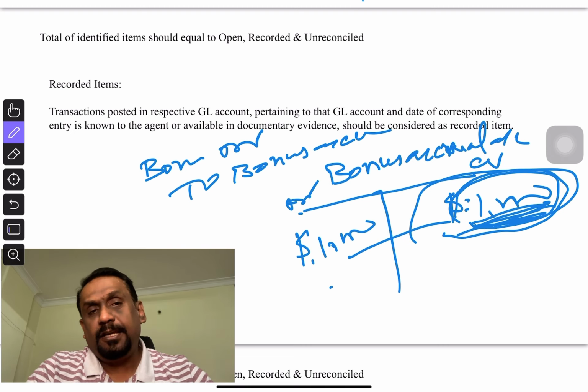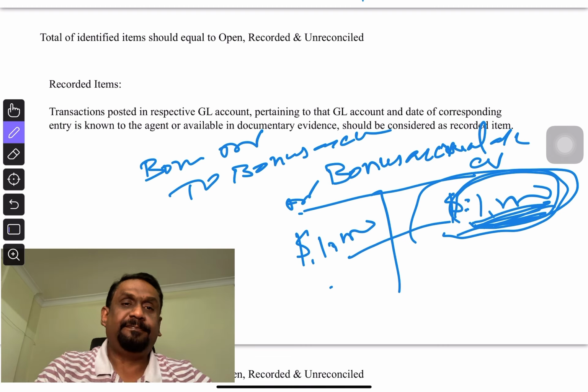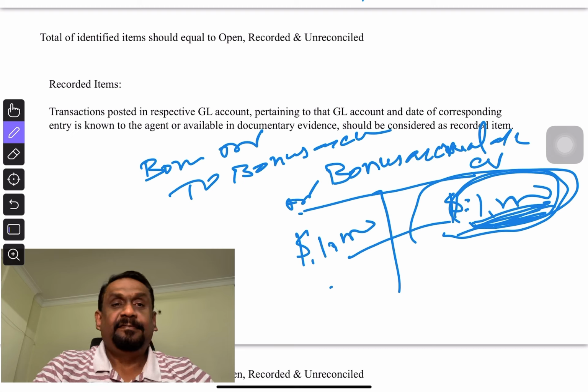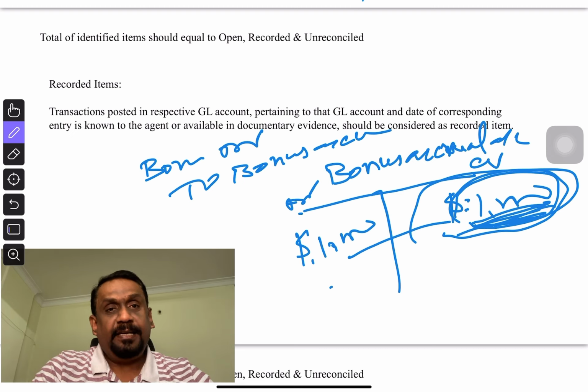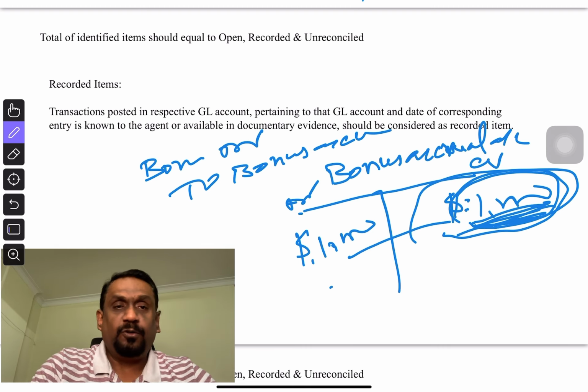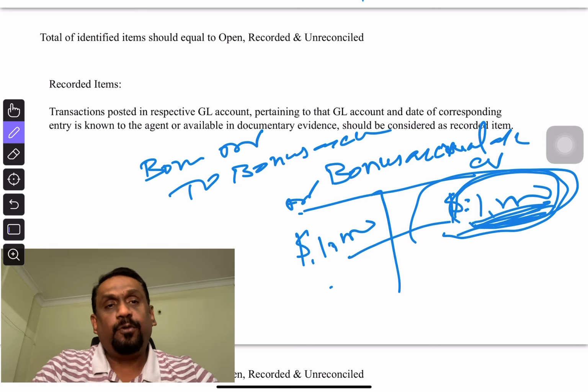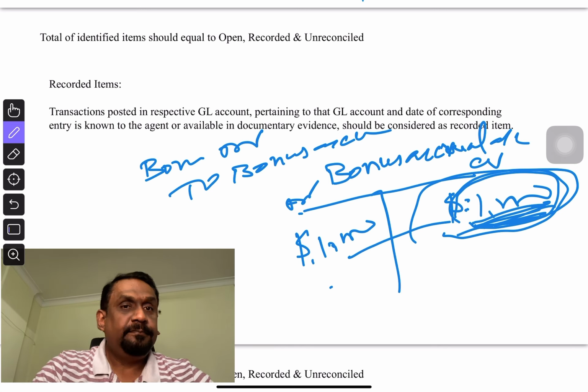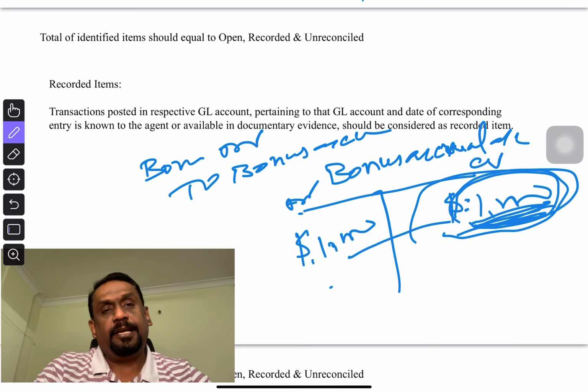Again, let us take the same example of a relative. Your relative called you up and said, hey, I am coming today evening by so and so train. I have an interview tomorrow. I'll stay tonight in your house. As soon as I complete my interview tomorrow morning, I already booked my return ticket.